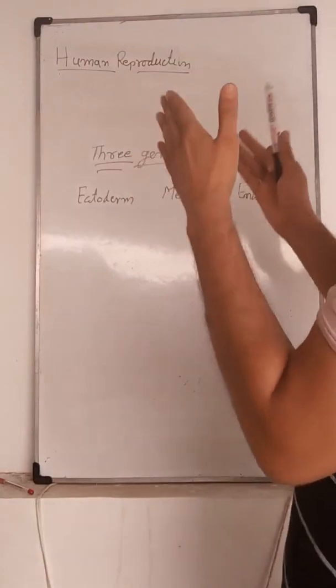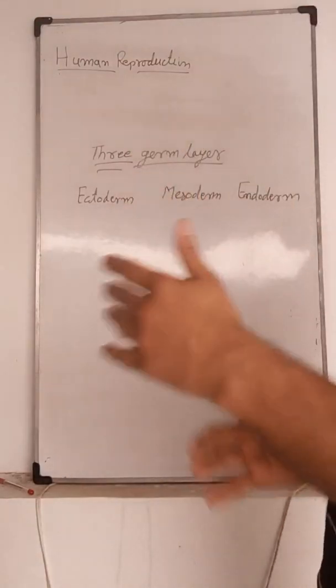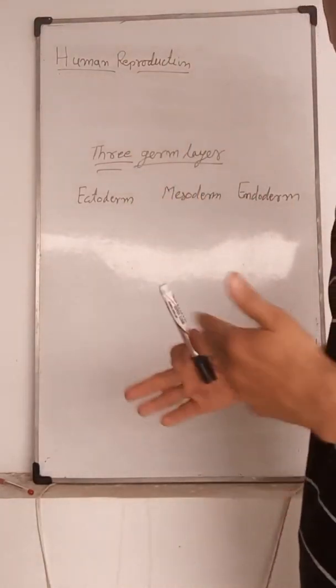These three different layers are the source of different organs in human beings.